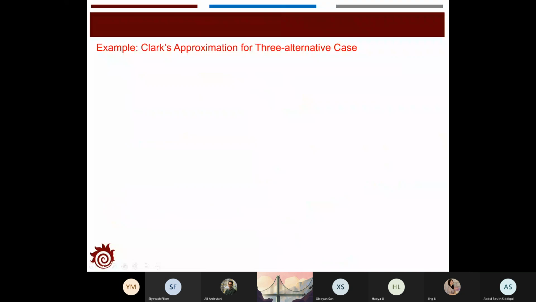We can also extend this approximation to the 3 alternative case. So for example, we consider a specific example.